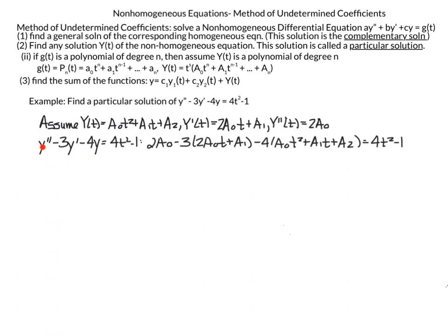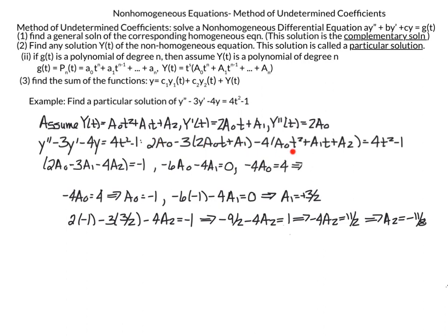So we have y double prime, which is 2a naught, minus 3y prime, which is 2a naught t plus a1, minus 4 times y, which is a naught t squared plus a1 t plus a2. And then according to our differential equation, that's equal to 4t squared minus 1.